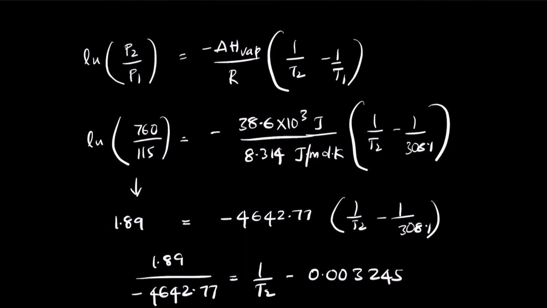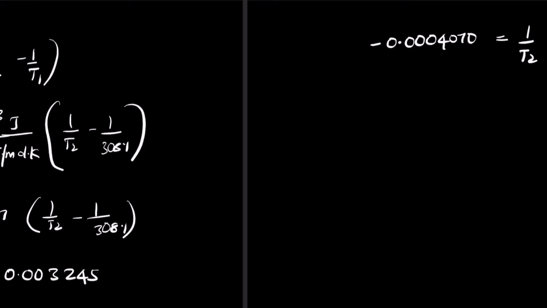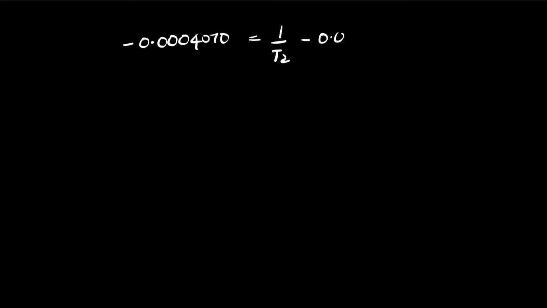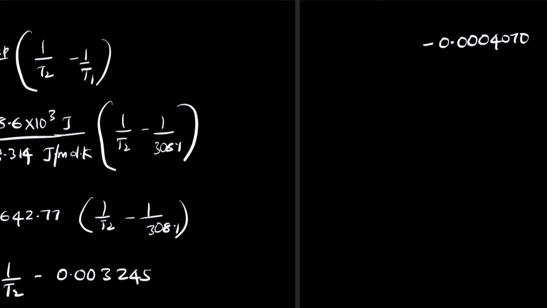Now we need 1 by T2. So let's calculate first 1.89 divided by 4642.77. That value becomes minus 0.0004070, which is equal to 1 by T2 minus 0.003245.